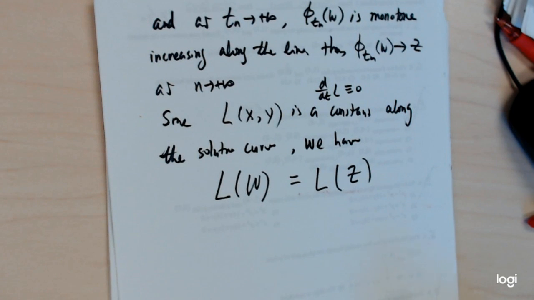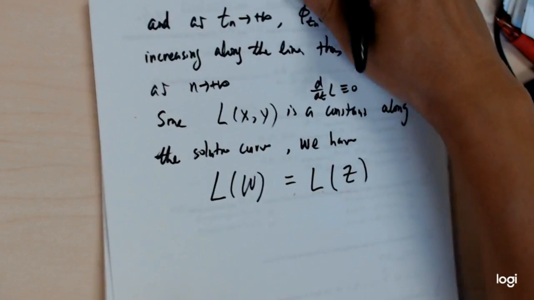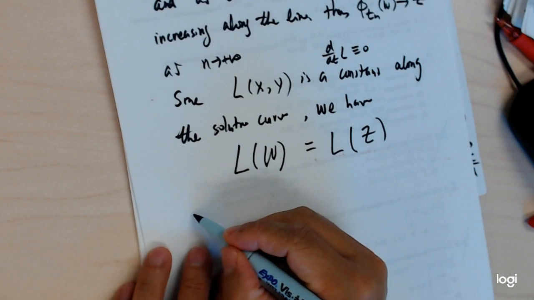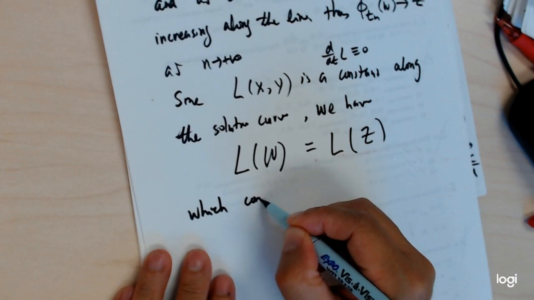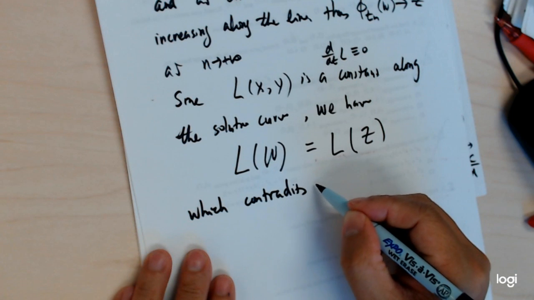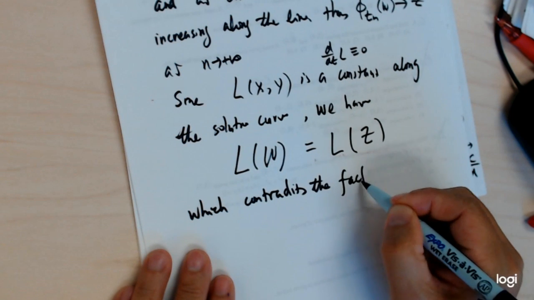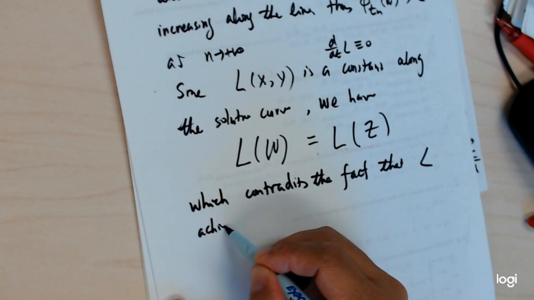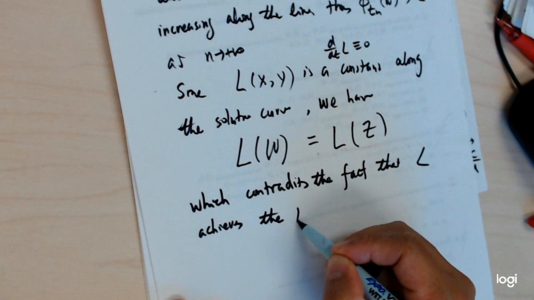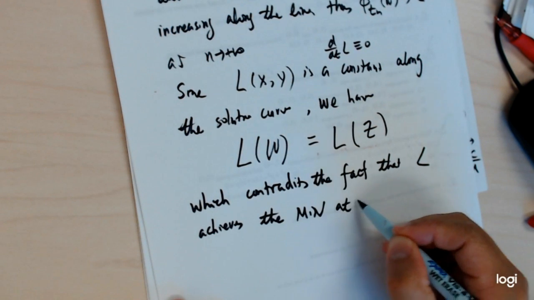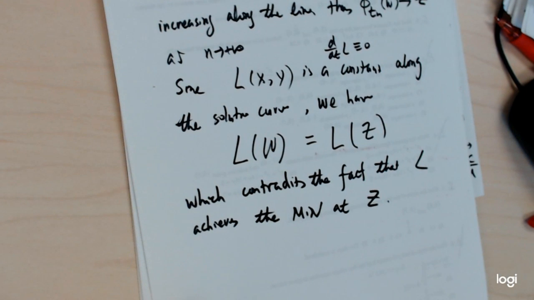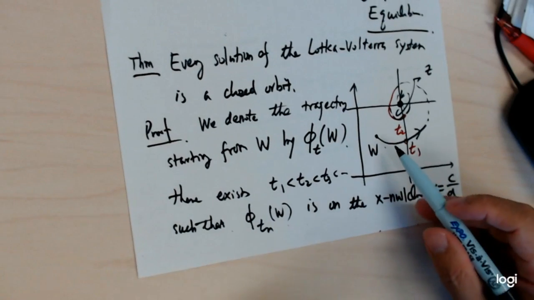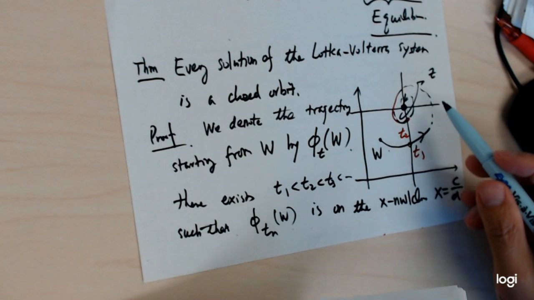Well, what's the contradiction? The contradiction is the fact that L, as we proved, has a minimum at Z, the equilibrium. So this contradicts the fact that L achieves the minimum at the equilibrium Z. The contradiction comes from our assumption that this trajectory is not a closed orbit.